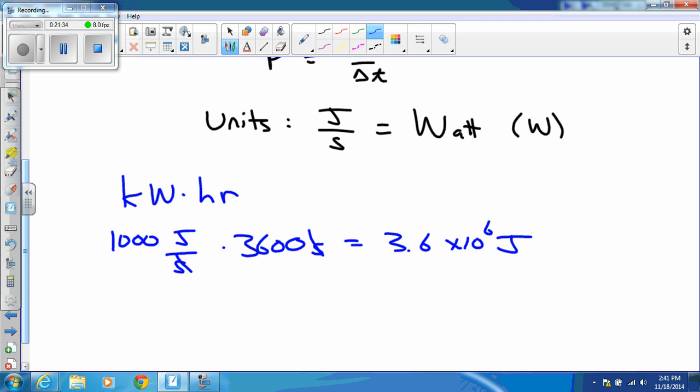This amount of energy right here, 1 kilowatt hour, when you buy it from the power company, they charge you about 10 cents. And that, my friends, is the Industrial Revolution.